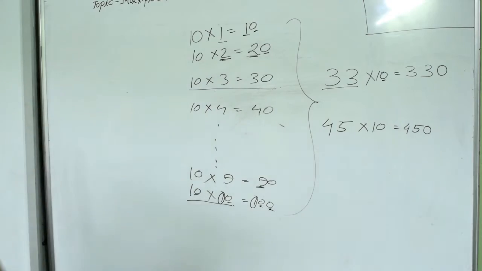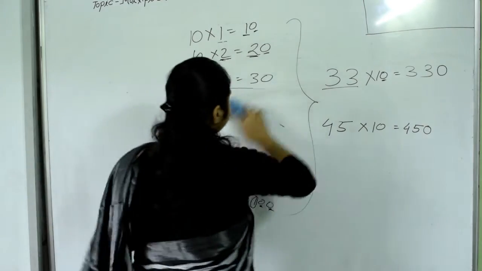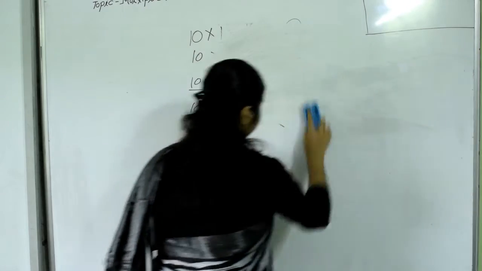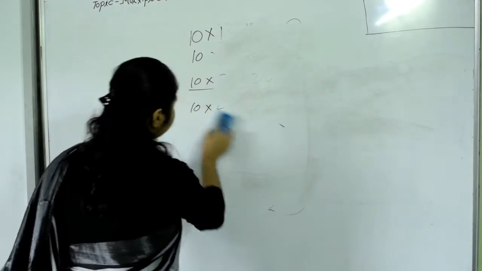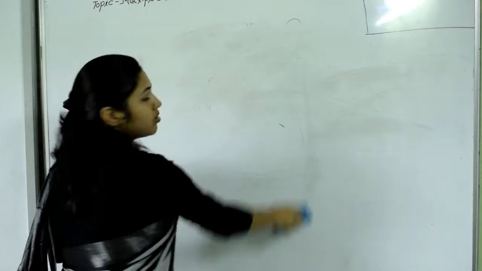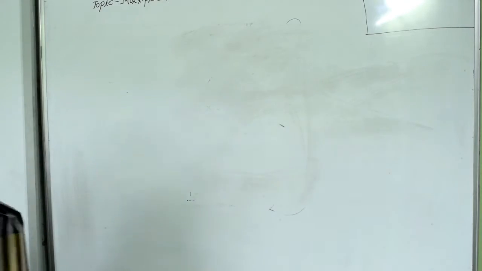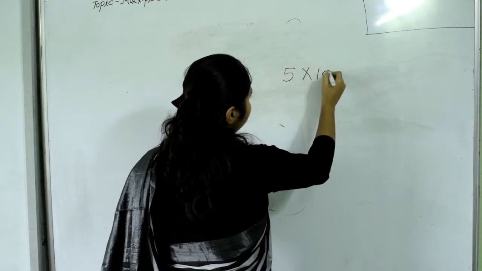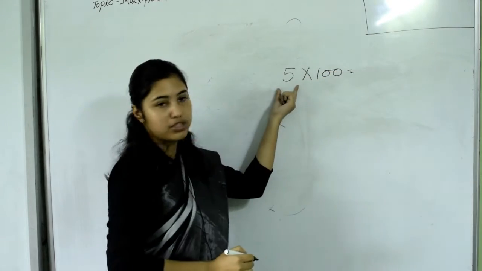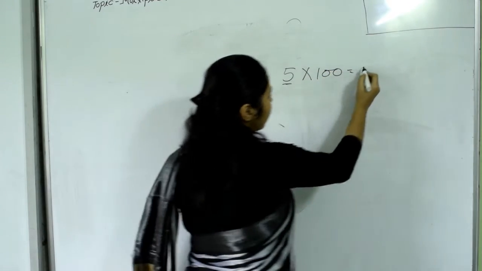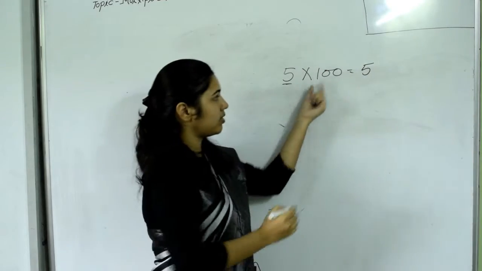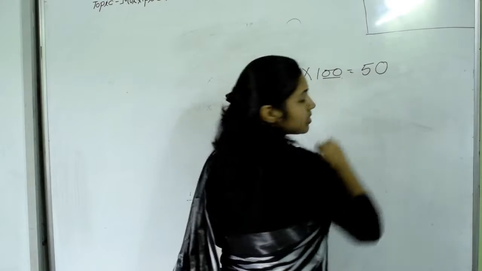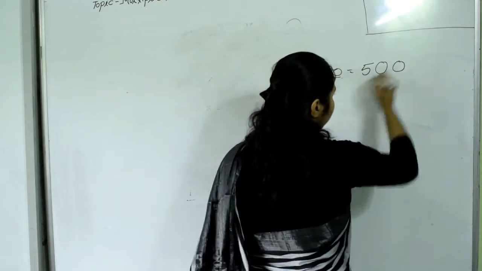Now, think about 100. Same if we multiply 5 with 100, first of all we will get the number and then 2 more zeros in tens place and ones place.